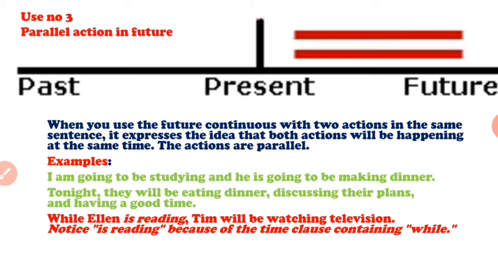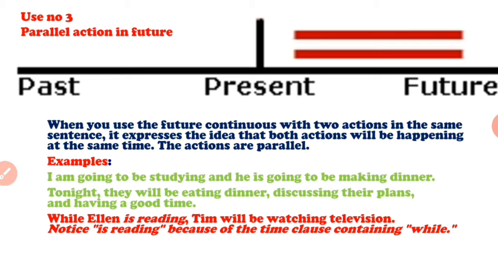I'm going to be studying and he is going to be making dinner. It means there are two actions and both are in progress at the same time. Second, tonight they will be eating dinner, discussing their plans and having a good time. Here you can check there are three actions at the same time.